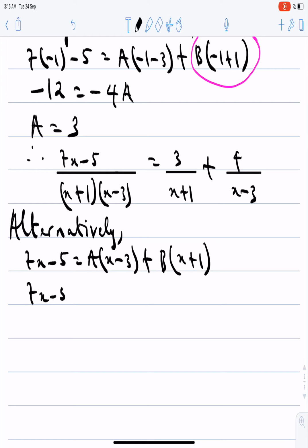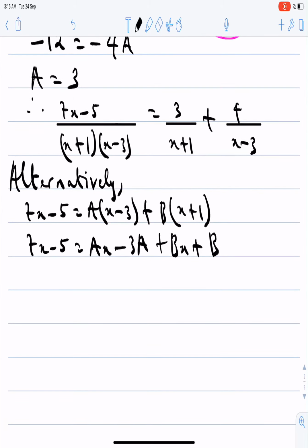I'm expanding the brackets. That's equal to ax minus 3a plus bx plus b. So comparing coefficients and constant terms.